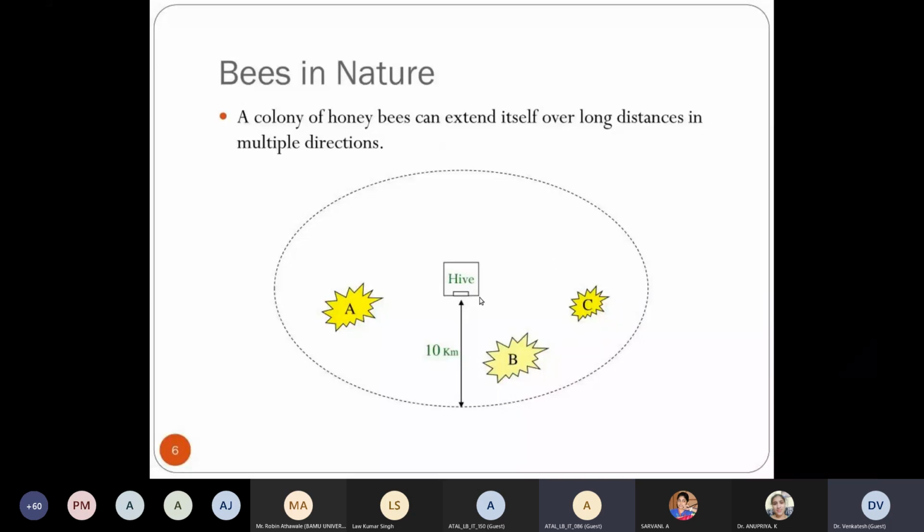So these employed bees will be associated with these food sources, and they will be extracting the nectar from them, and they will come back to the hive. So in the hive, these unemployed bees, the onlooker bees, will be waiting for sharing the information. I will show some more figures, and you will understand it in a better manner.